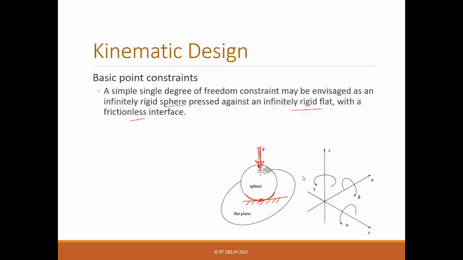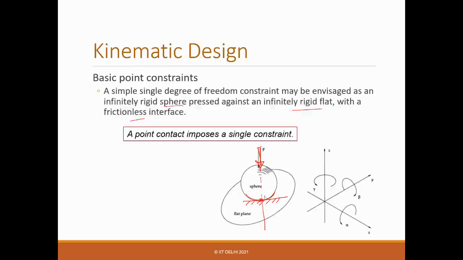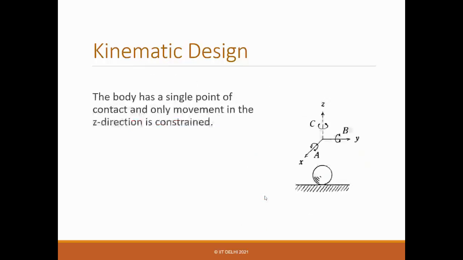So just remember, one point contact, one constraint, along the normal direction of the contact point. A point contact imposes a single constraint. I think that is very clear now.